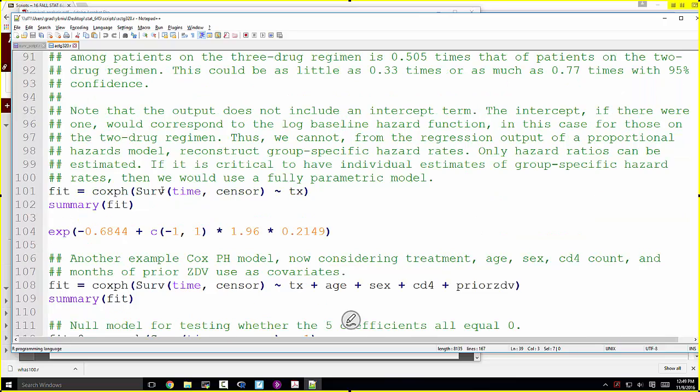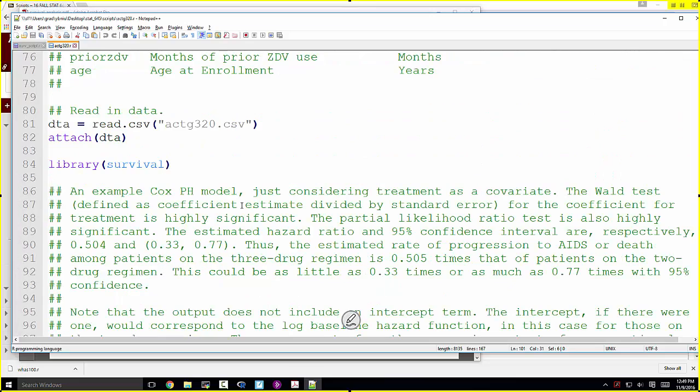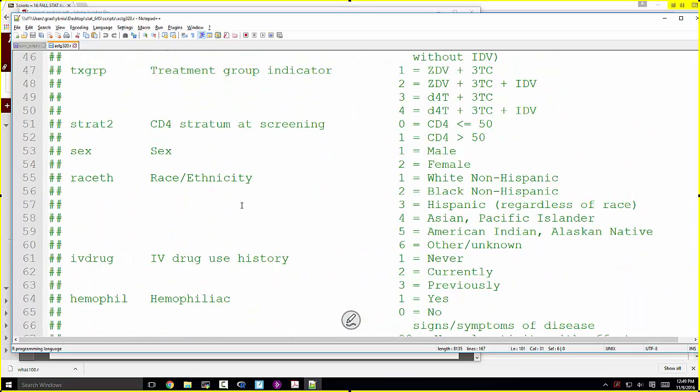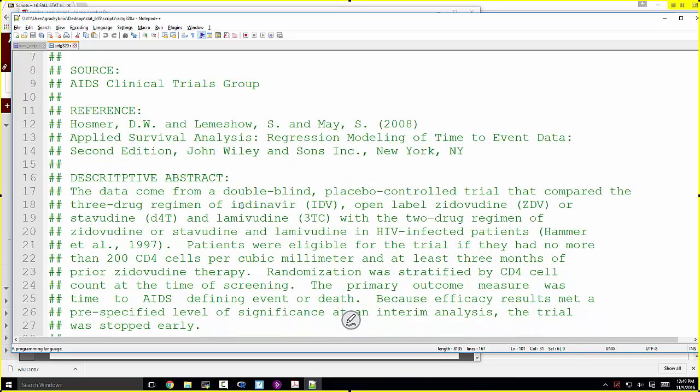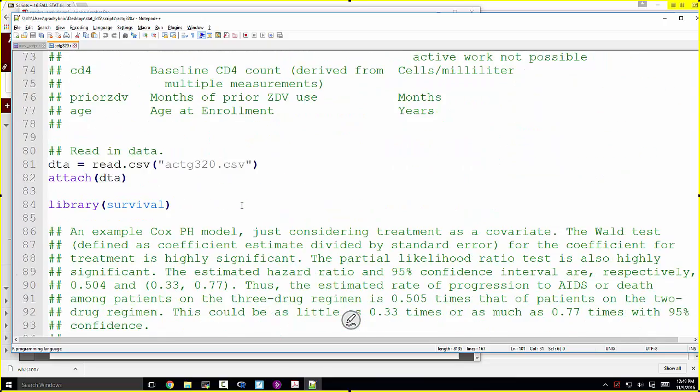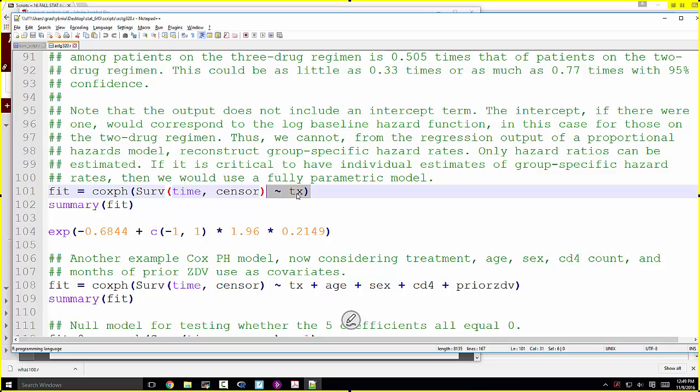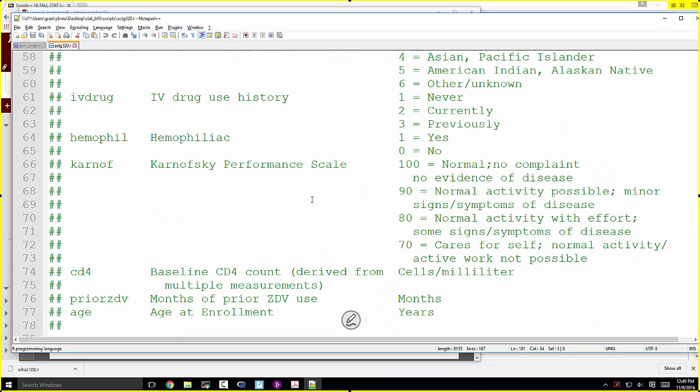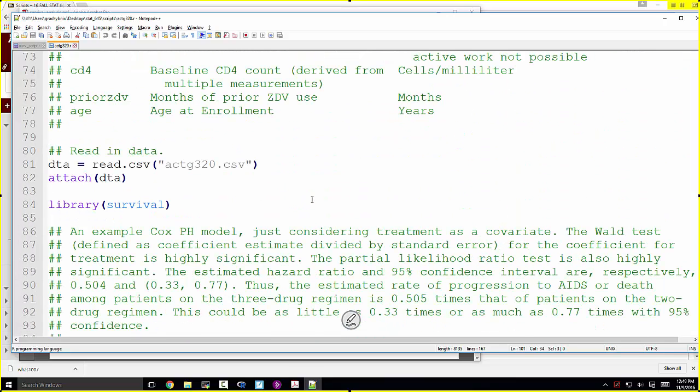Last time we looked at doing the Cox model with just the treatment variable. This, remember, has 2 treatment groups. It was a 3-drug cocktail versus a 2-drug cocktail. And so we did one simple Cox model where we just had the treatment variable in there. So let's redo up to that point.